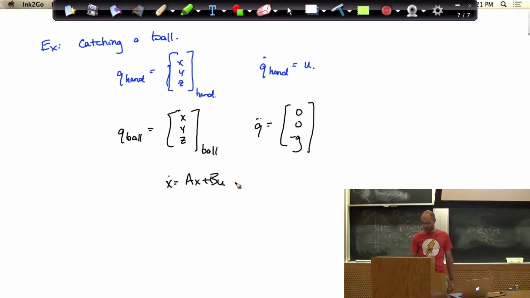And I could enter in at every state my current estimate of the ball's position and velocity. Using the QP, I could effectively simulate where it's going to be and decide on a trajectory which, let's say, minimizes u squared, my velocity squared, over some horizon.